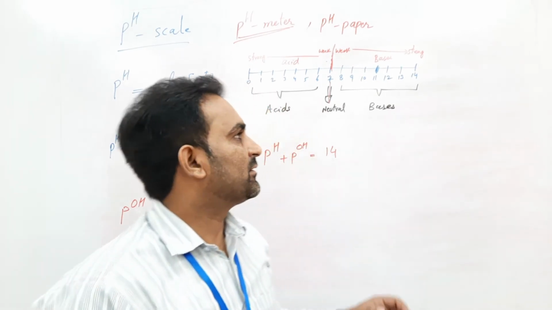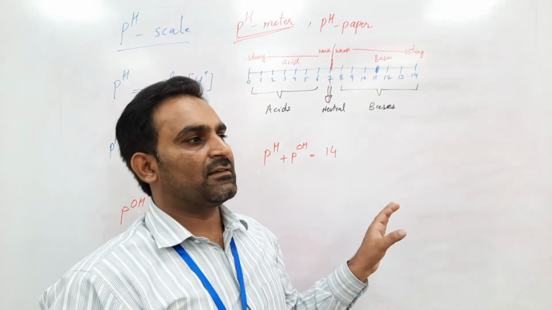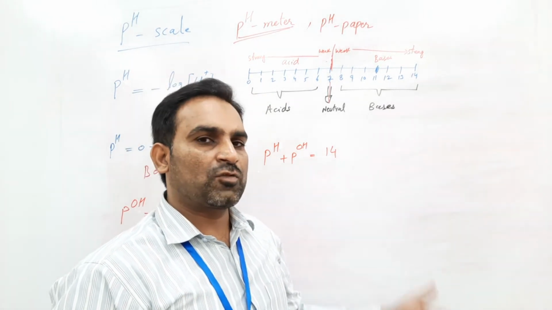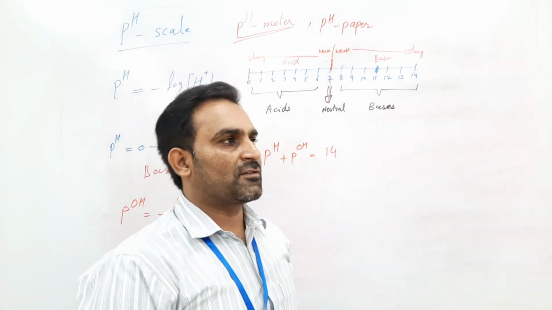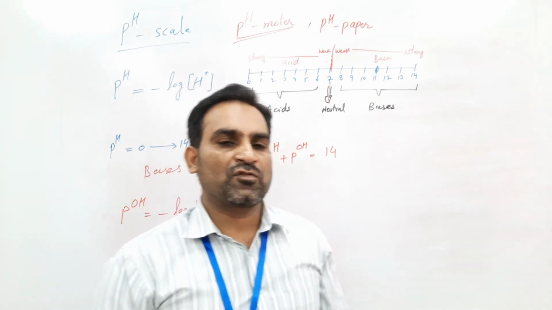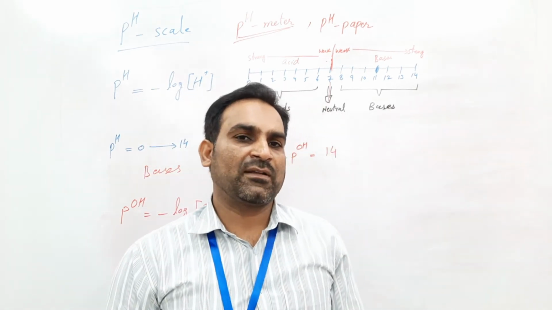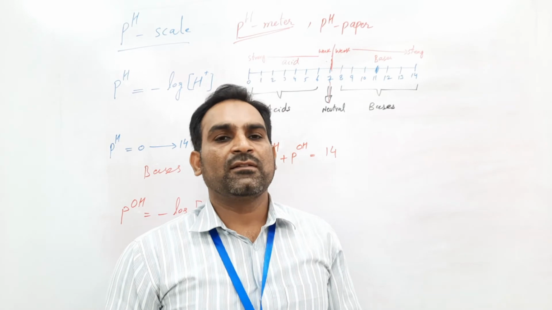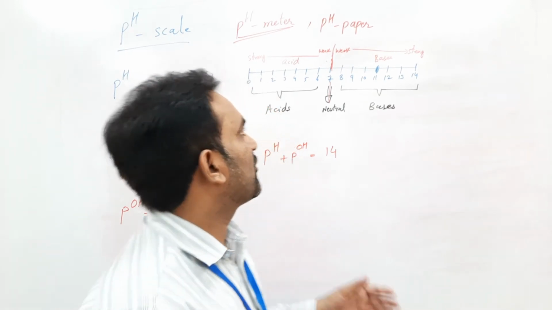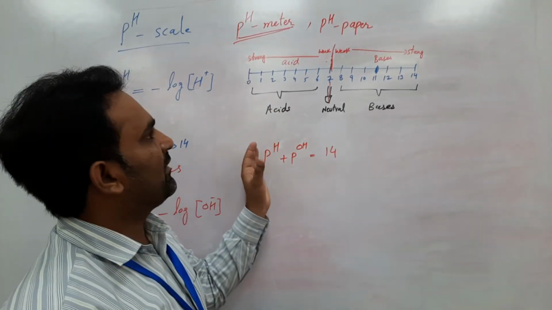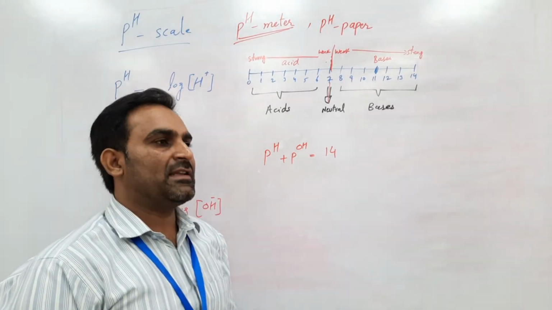Now if that paper changes to blue color, you will call the solution which changes the color of that pH paper into blue a base. Okay, this is the concept of pH scale, pH meter and pH paper.